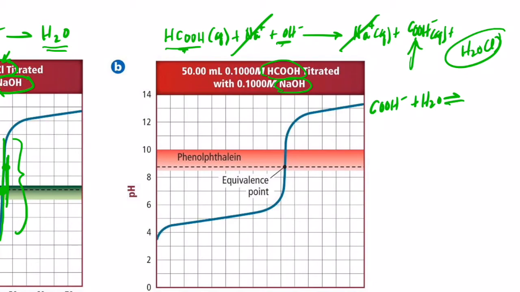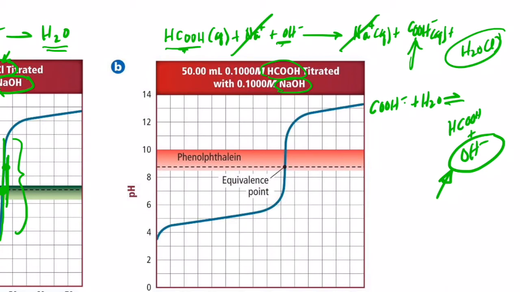They will actually attract, this is negative, it'll attract the positive part of water and form HCOOH, and you're left with hydroxides. So it ends up that the pH at the equivalence point, when you titrate a weak acid with a strong base, will be basic because you have this basic salt that's produced.